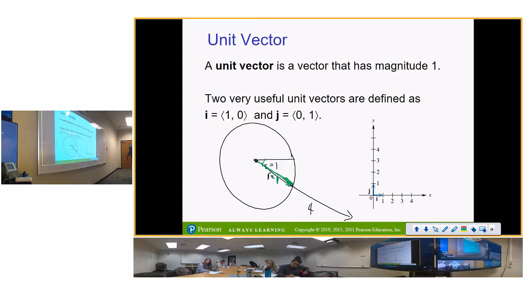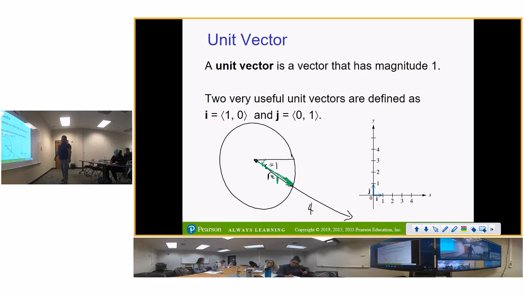So if I wanted to find out what the unit vector is, I would take the magnitude of 4 and divide by 4, and that would give me 1. And I think they give you the unit vector over the magnitude of the unit vector is equal to 1.